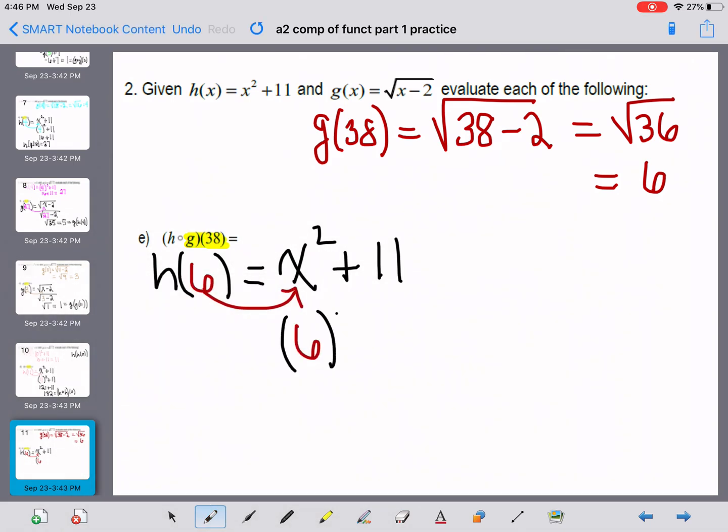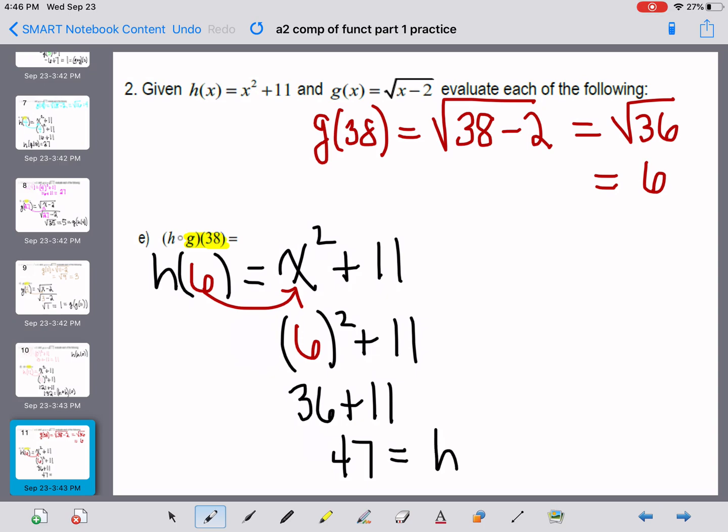So it's going to be 6 squared plus 11. 6 squared is 6 times 6, which is 36, plus 11. And when we add those together, we get 47, which is h of g of 38.